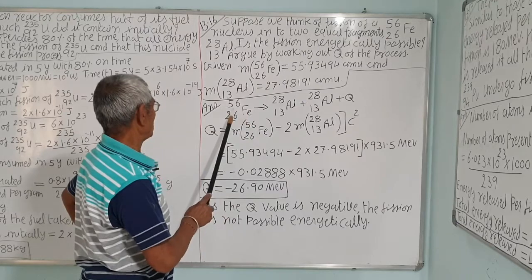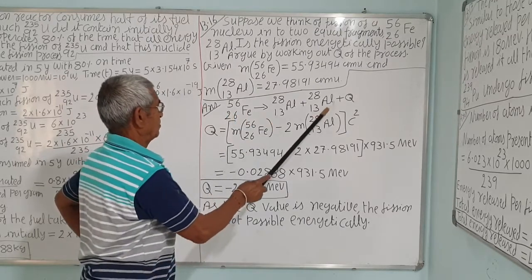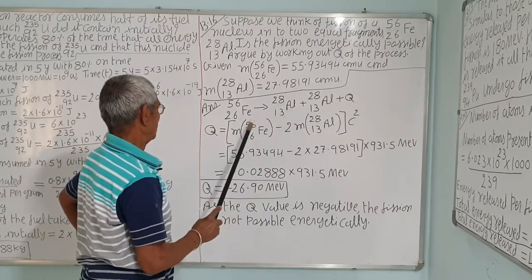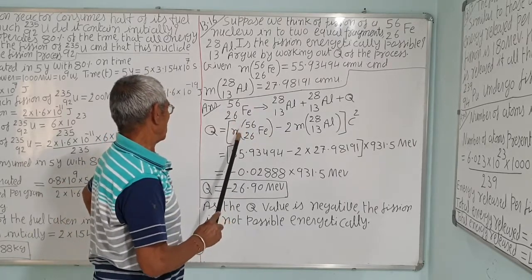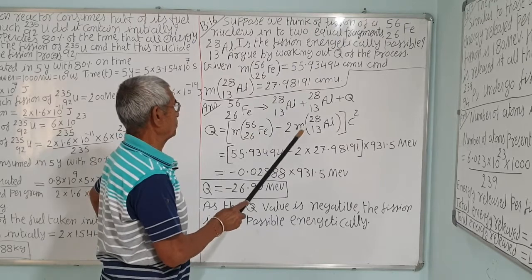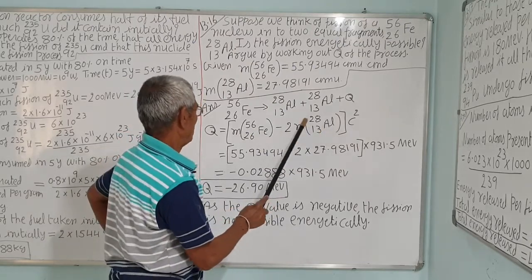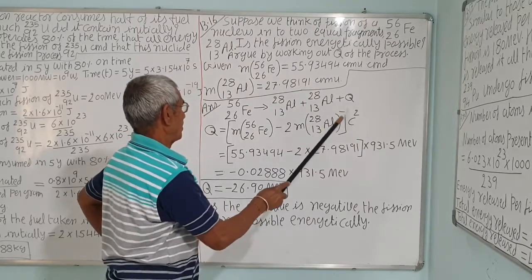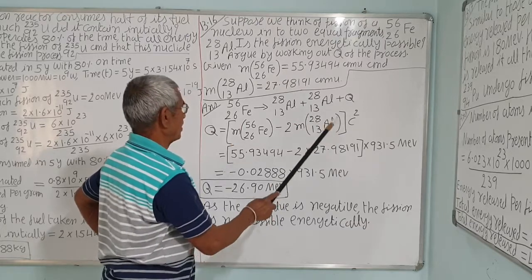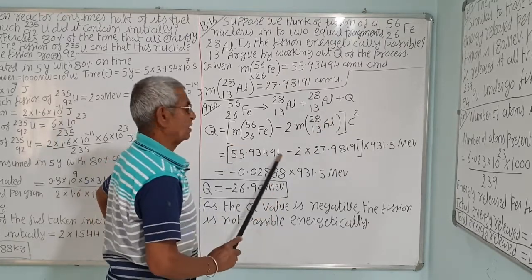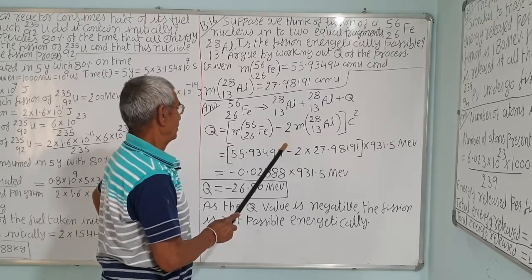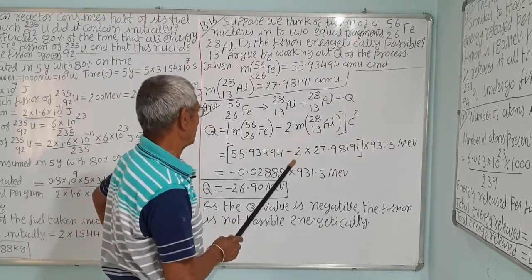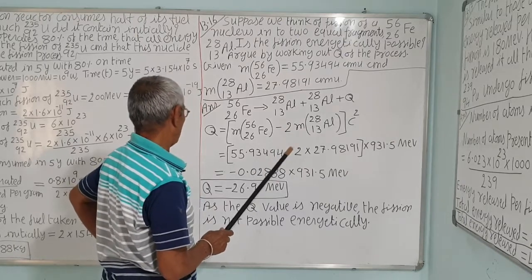The mass of the product is subtracted from the reactant mass, that is the mass of Fe minus 2 times the mass of aluminum nuclide, multiplied by c square. This is the mass defect, and the energy release will be mc square, or you can directly use one atomic mass unit equal to 931.5 million electron volt.